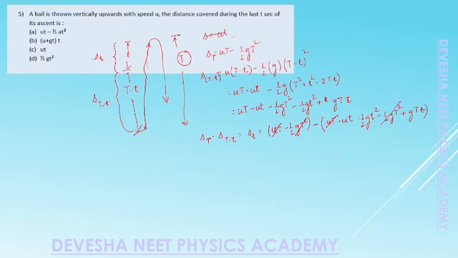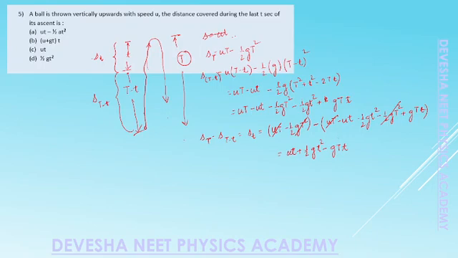So now we are left with ut plus half g t square minus g T t. This is what we are left with.